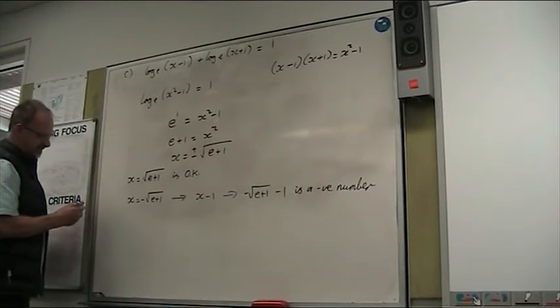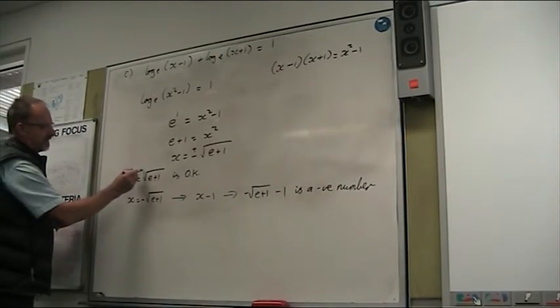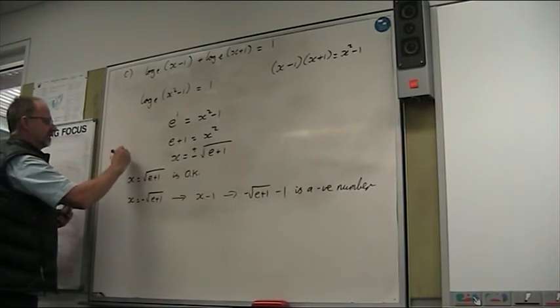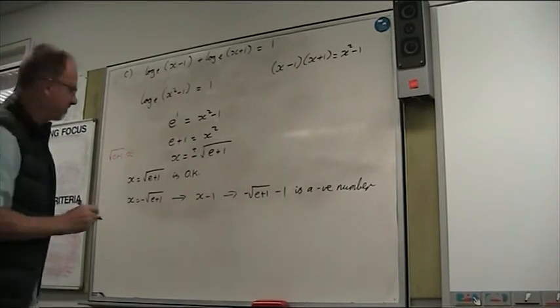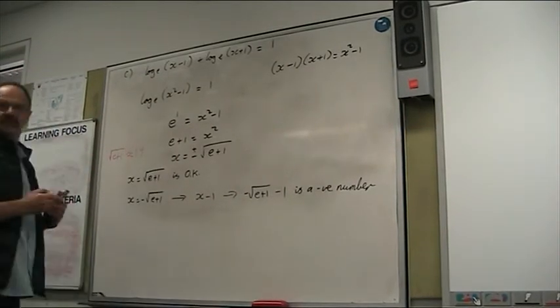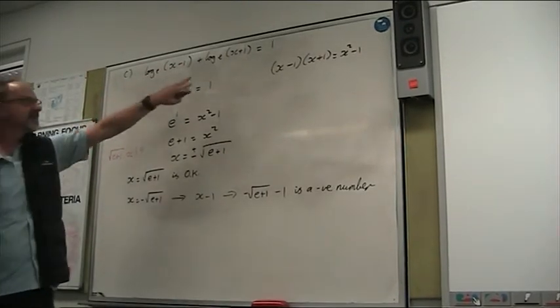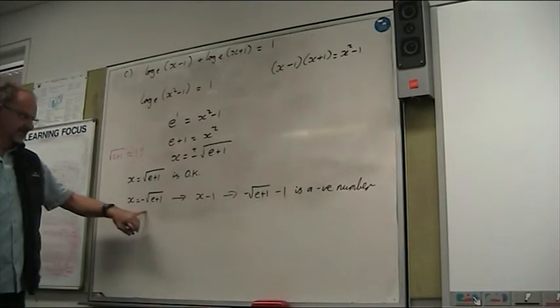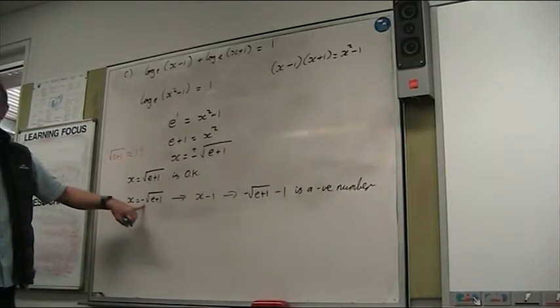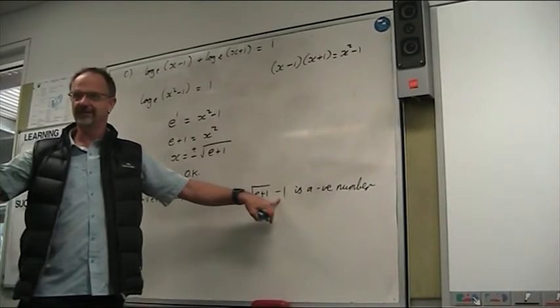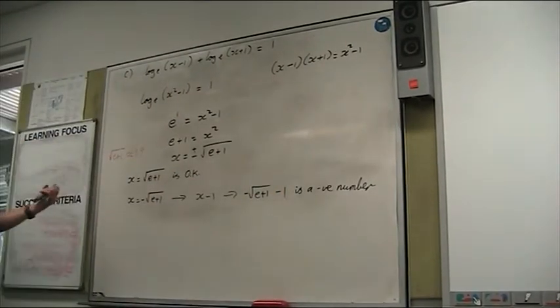The square root of e plus 1 is approximately 1.9. 1.9 minus 1 is still a positive number. But the negative would be negative 1.9, take another 1, negative 2.9, and we can't take the log of a negative number.